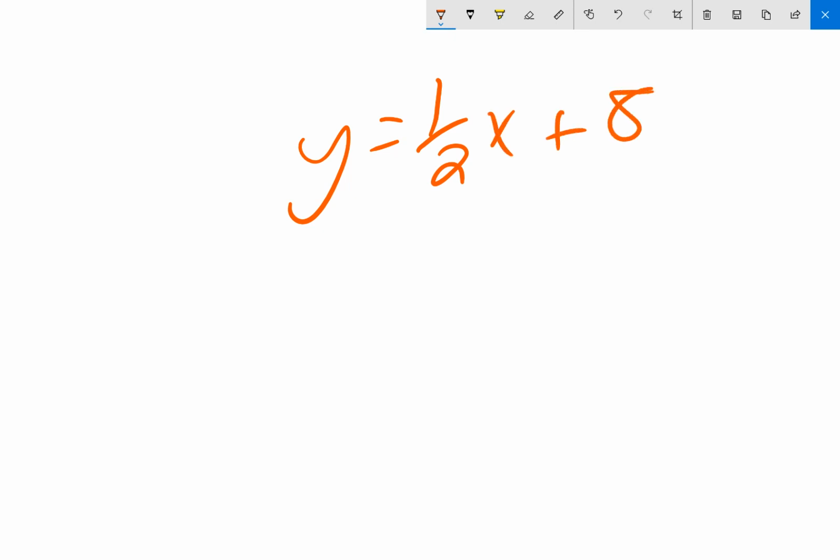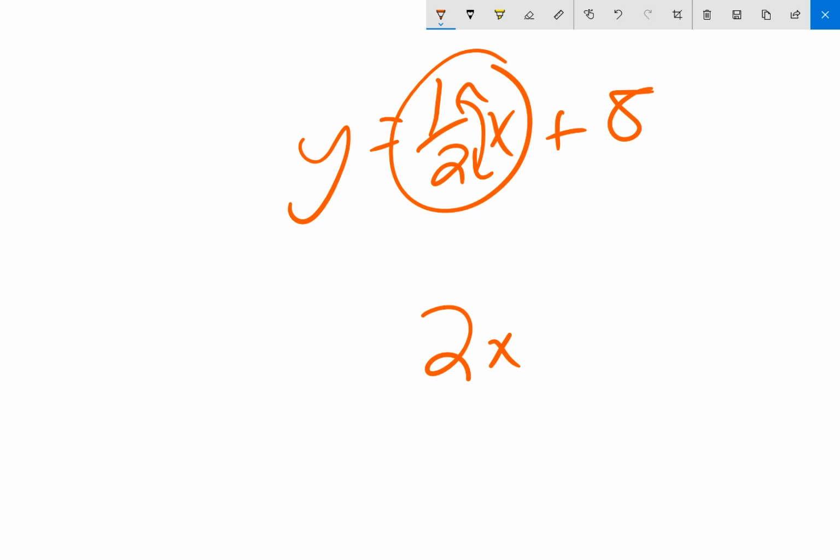So let's say I have a line that is y equals 1/2 x plus 8 or something, right? I know without doing any math at all that the inverse function will be the opposite of 1/2 x. Imagine flipping this over. It would be 2 over 1, which is 2x. So my inverse function will have to have 2x in it. Okay?